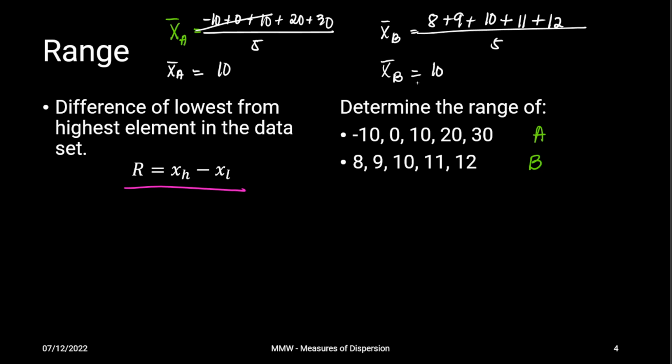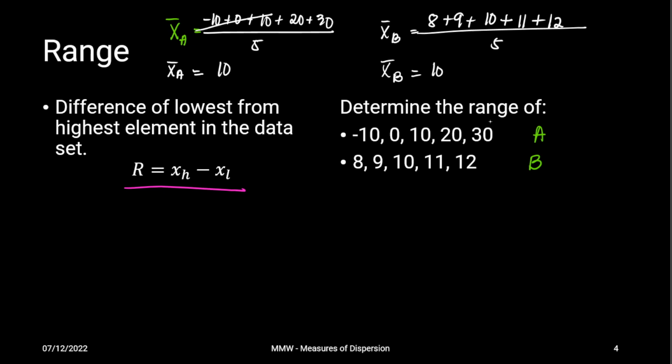As we can see, these two data sets have the same mean, but they have different ranges. The lower the range, the smaller the difference between the highest and the lowest element, so our data are closer together when the range is lower.